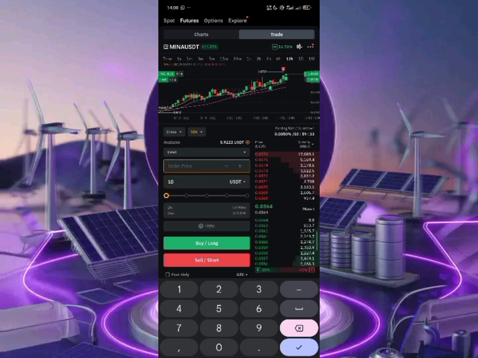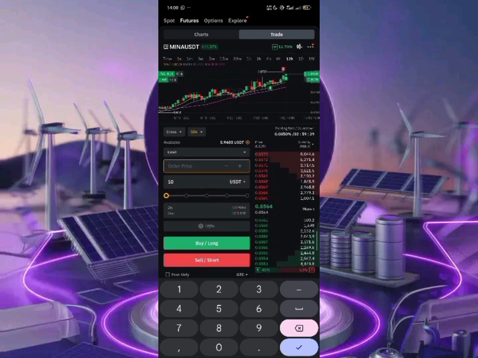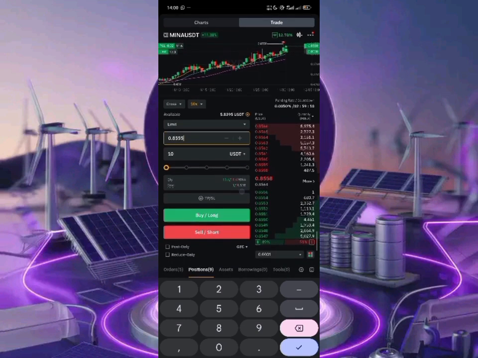That's what it means. Then assuming we want to trade this coin Mina, let me use any order price here. Let me say 0.8555. That means I want to buy Mina at 0.8555, then using 10 USDT.